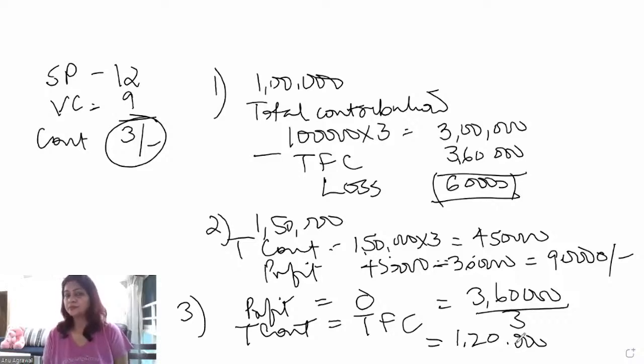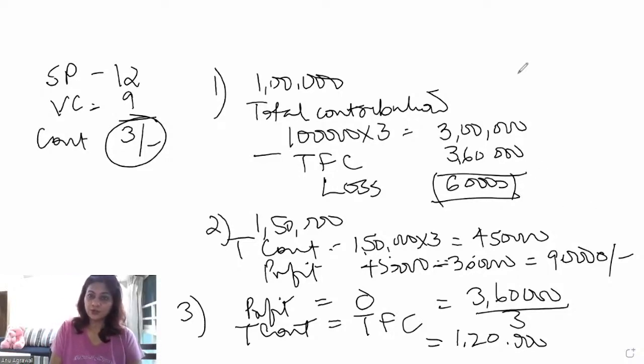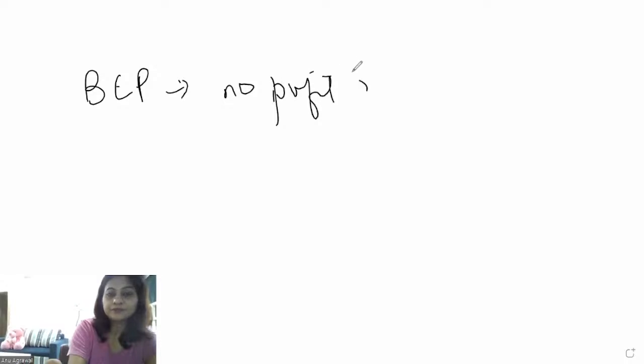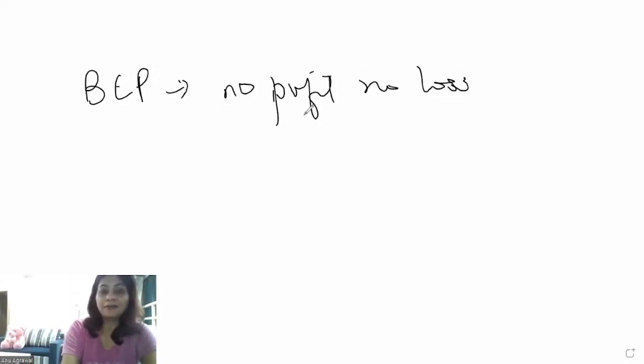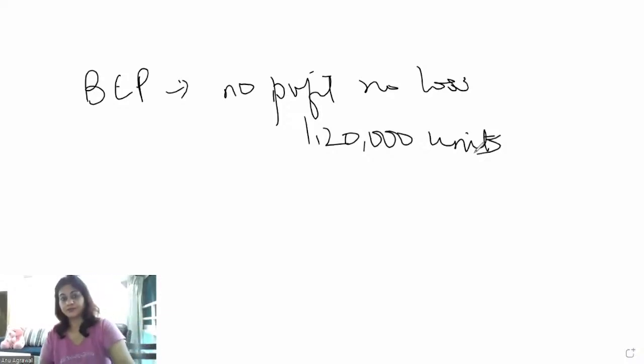Here you are. If I ask what was the break-even point, that is a point of no profit, no loss, you will say, ma'am, 1,20,000 units was the point of no profit, no loss.